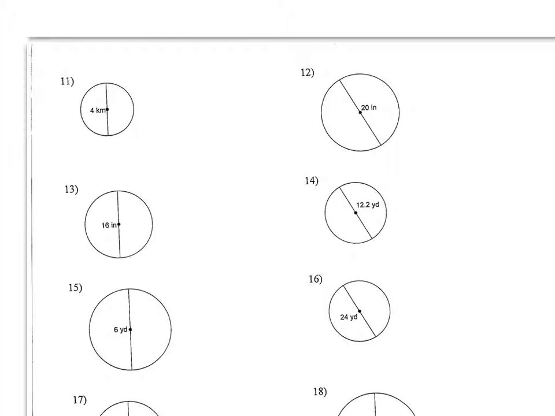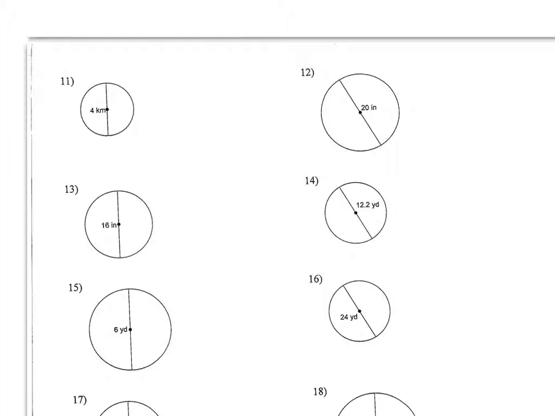Alright, on the second page here, the big difference is that instead of giving you the radius, that's the part that only goes halfway across, like this, what I'm drawing right now in the first one, that's the radius. When it goes all the way across, like this, in the red here, the red is what we call the diameter. We can't use the diameter to find area. We need it to only be in radius form.